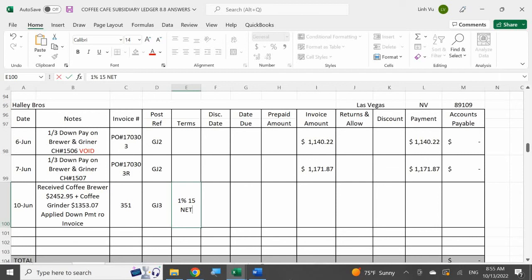If not, the whole bill is due in 30. So let's calculate. What is 15 days from now? The 25th. So that means if we paid by the 25th, we will receive a discount.